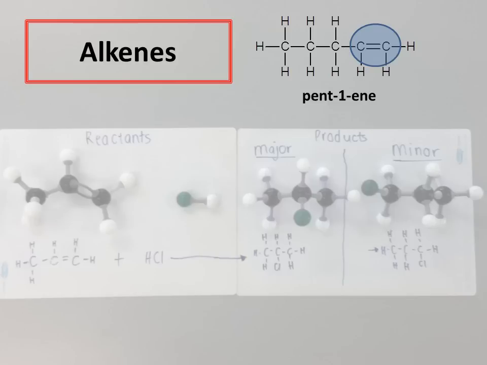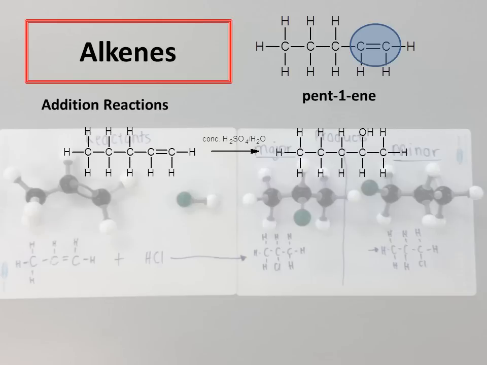Okay, let's look at some of the characteristic reactions that alkenes undergo. Alkenes are known for their ability to undergo addition reactions. Because they have two bonds between these two carbons, one of the bonds can break and we can add new atoms or parts of molecules to it. So, addition reactions. The first type of addition reaction is this one here.